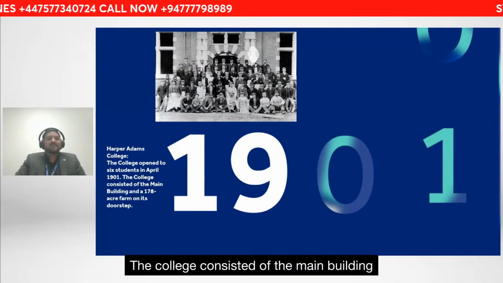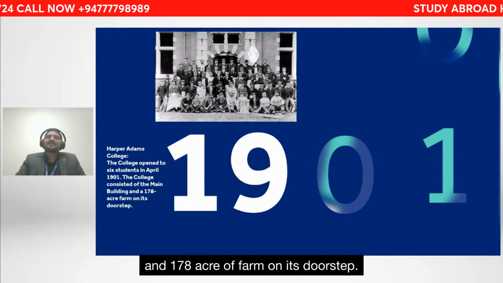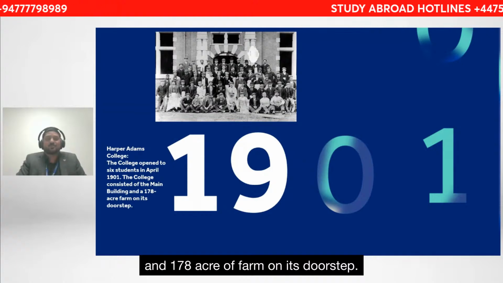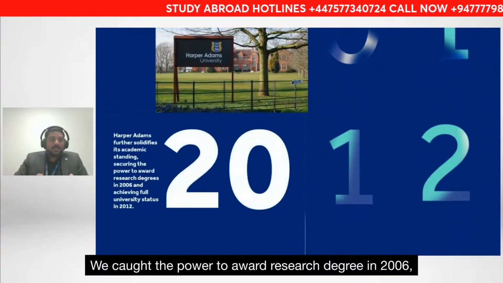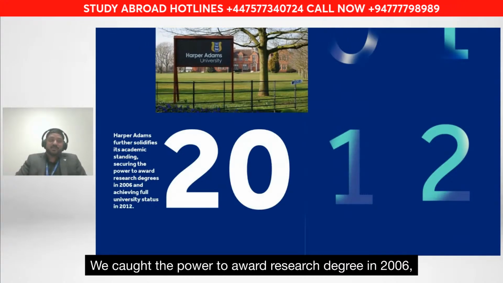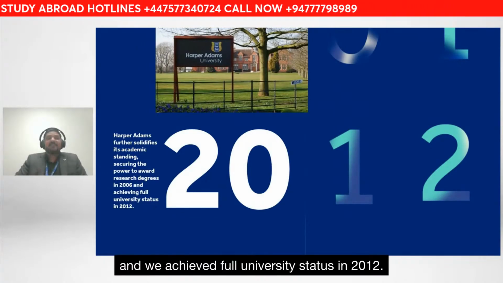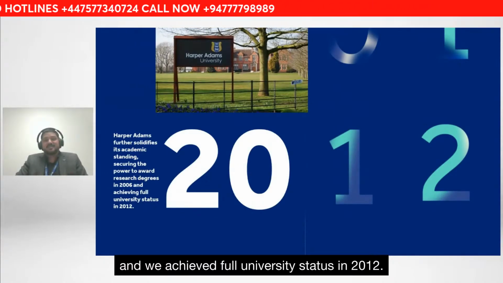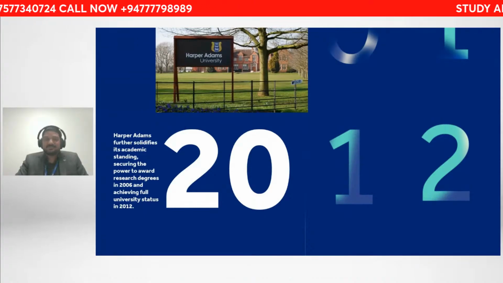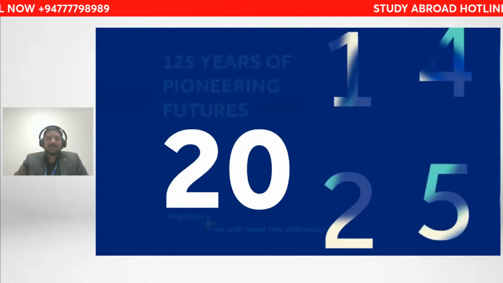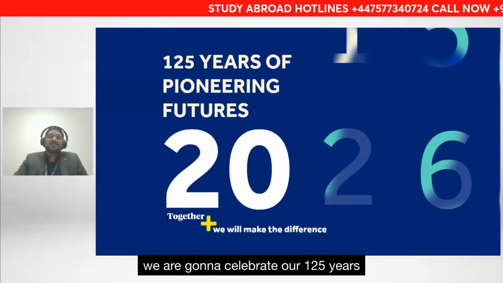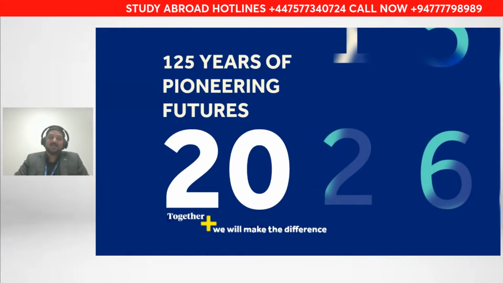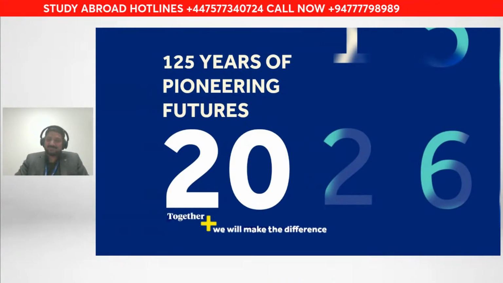The college consisted of the main building and a 178-acre farm on its doorstep. We got the power to award research degrees in 2006, and we achieved full university status in 2012. And next year, in 2026, we're going to celebrate our 125 years of making a difference.